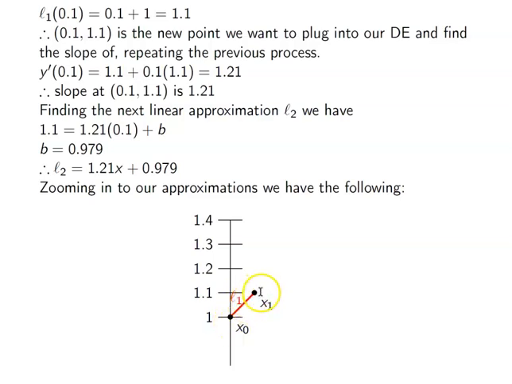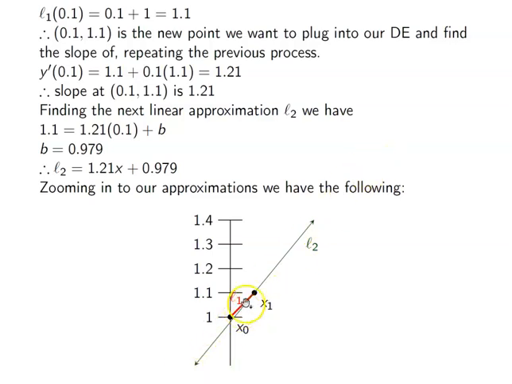I got out a new point from my tangent line, which is (0.1, 1.1), and I used that with the rate of change there, by plugging it into the equation for the direction field, to my differential equation, and I found a new tangent line, okay?